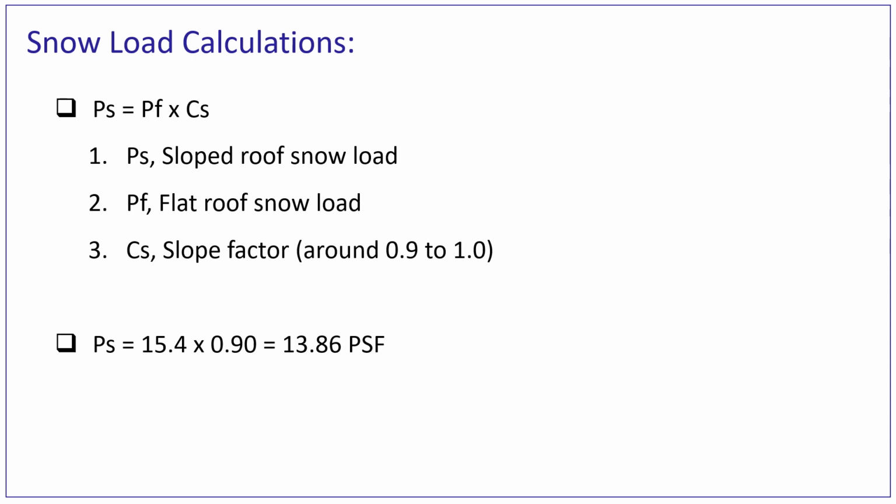The next step would be to convert the flat roof snow load to a sloped roof snow load, assuming the roof has a slope. The C sub S factor is based on roof type, slope, and the thermal factor. In this example, the sloped roof snow load would calculate to 13.86 pounds per square foot.